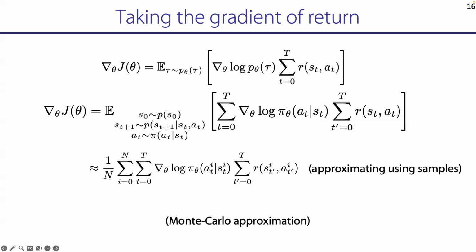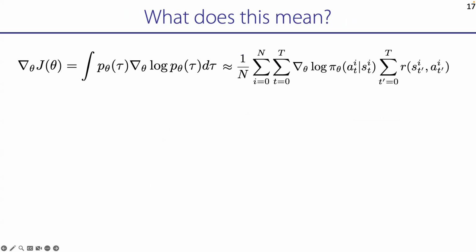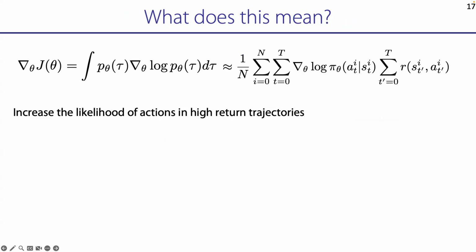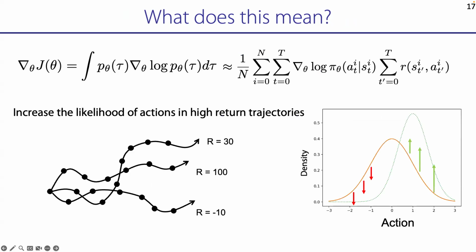Okay, cool. So let's try and build intuition for policy gradient. The way I think about policy gradient is that it's glorified trial and error. You're going to implement this kind of thing, but it's essentially just glorified trial and error. Imagine I drew 3 different trajectories, with r equal to 30, r equal to 100, and r equal to -10.